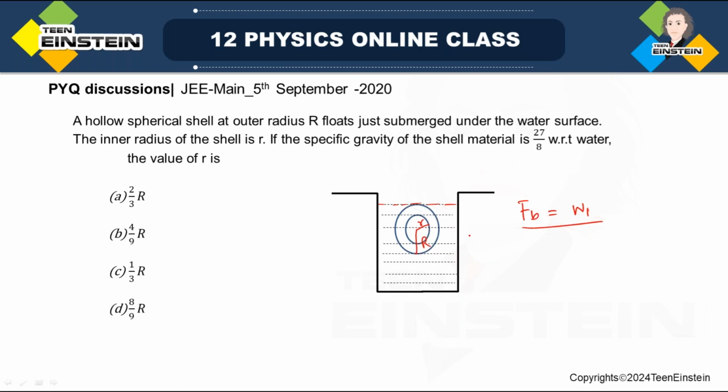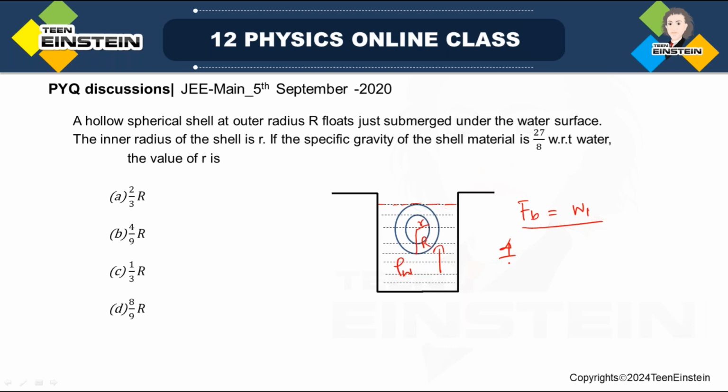So you know how to write the buoyancy force, right? Buoyancy force is given by the liquid. This is upward thrust, right? So this upward thrust is actually nothing but equal to the weight of the displaced liquid. Here it is water. So I have to find out the volume of the displaced water and the density of the water. Let us take rho W. So this is a spherical cell, right?